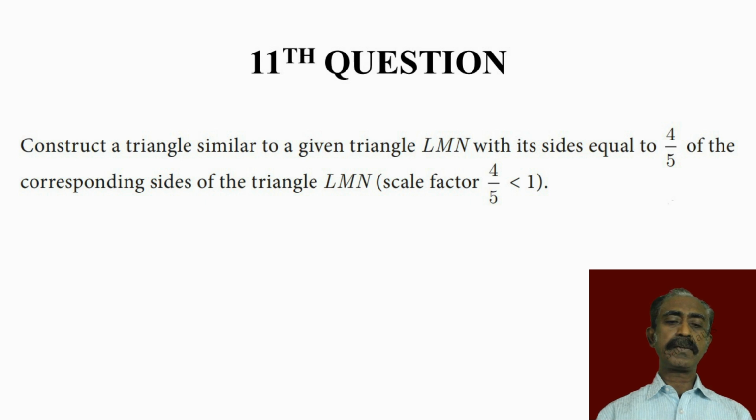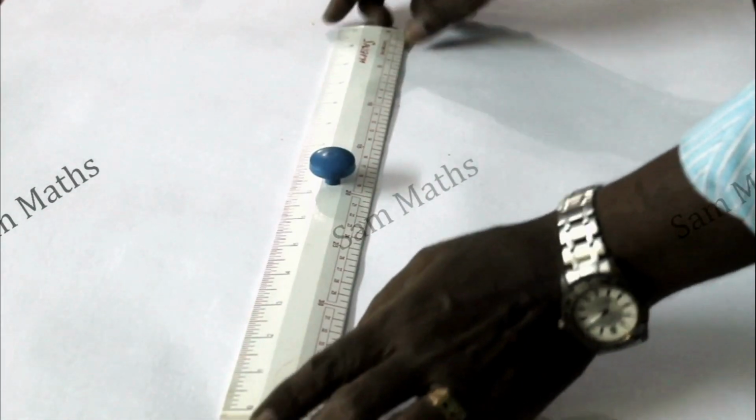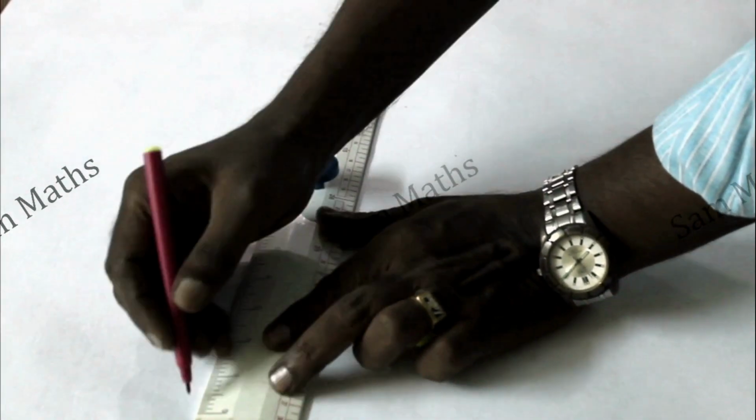Now the 11th question, construct a triangle similar to given triangle LMN with its sides equal to 4 by 5 to the corresponding sides of the triangle LMN. So what to do? First you draw a triangle like the previous problem.